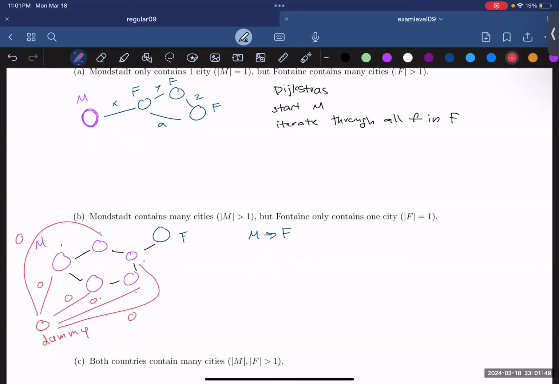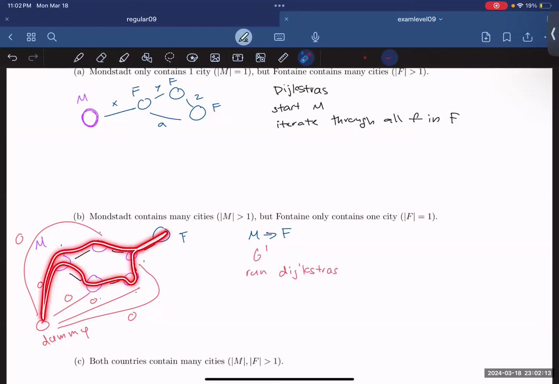With that weight 0, it's basically creating a new graph, G prime. So we can run Dijkstra's starting from the dummy vertex D, take the distance from D to the only city in F, and return it. It could iterate like this, or it could start from here, or like that.